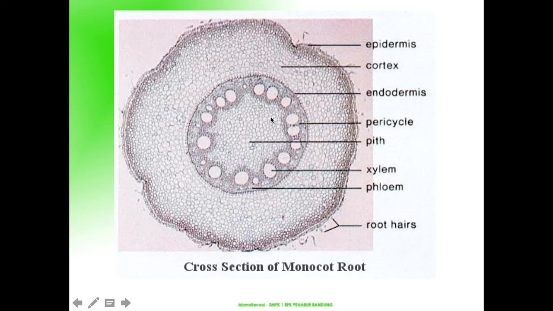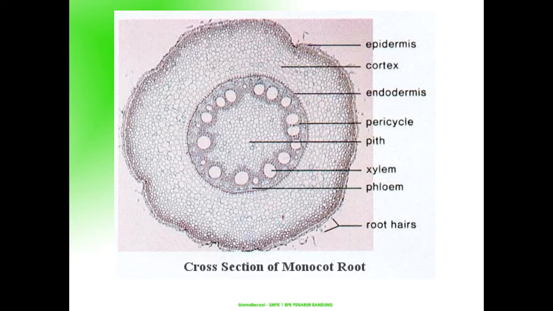Now you will notice also that deep inside at the center, these cells are quite similar to these, right? Why do they look similar? Because both this one, located in between the epidermis and endodermis, and this one, located inside the endodermis, are parenchyma tissues.